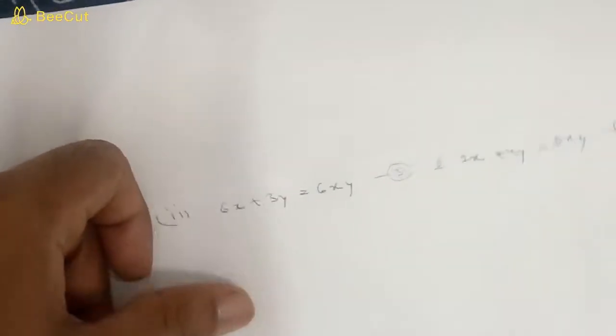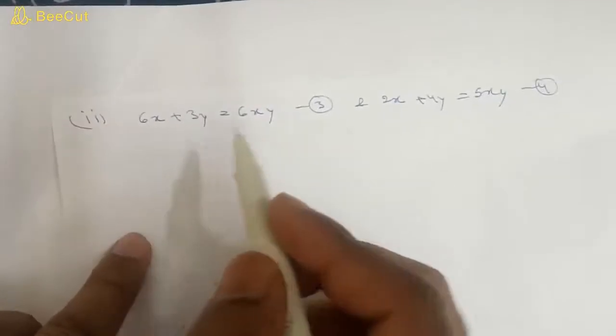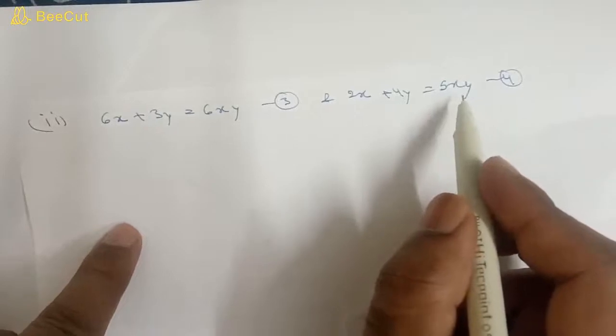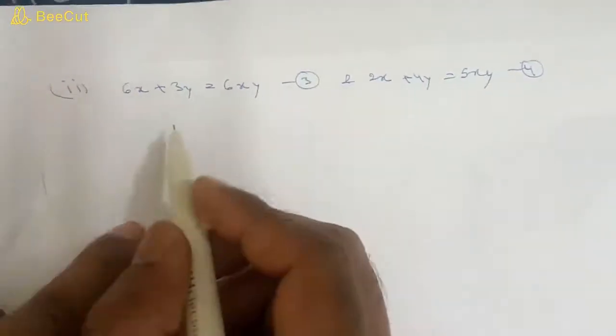Let us take another example. So we have another pair of equations, 6x plus 3y is equal to 6xy, and 2x plus 4y is equal to 5xy. Let us call this equation number 3 and this one equation number 4.